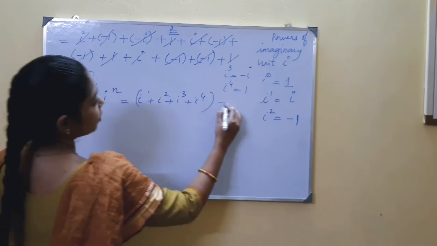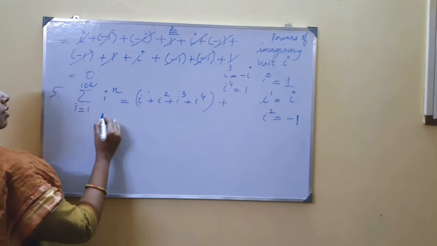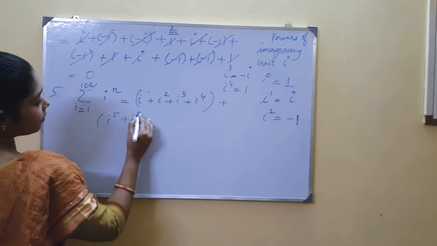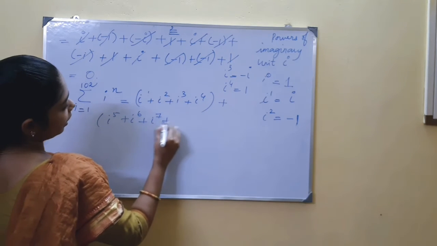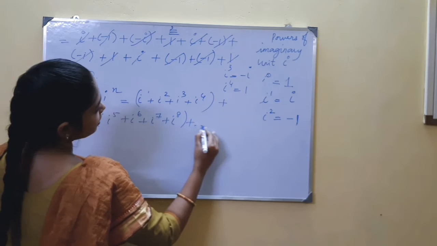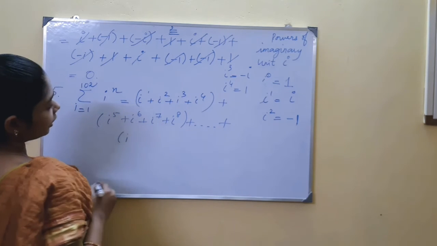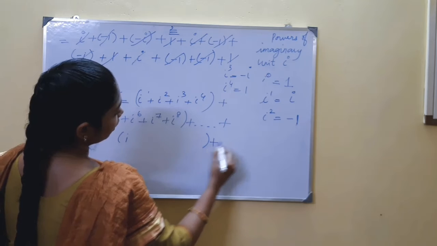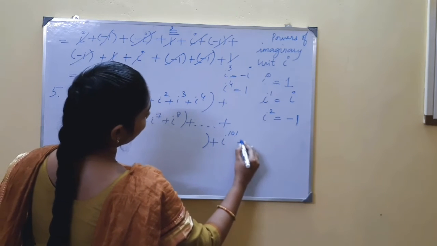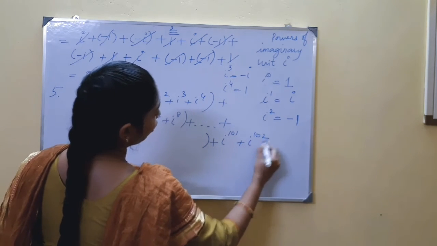I am just pairing the first 4 terms. And then i to the power 5, 6, 7, 8, and this keeps on going, leaving out i to the power 101 and i to the power 102.